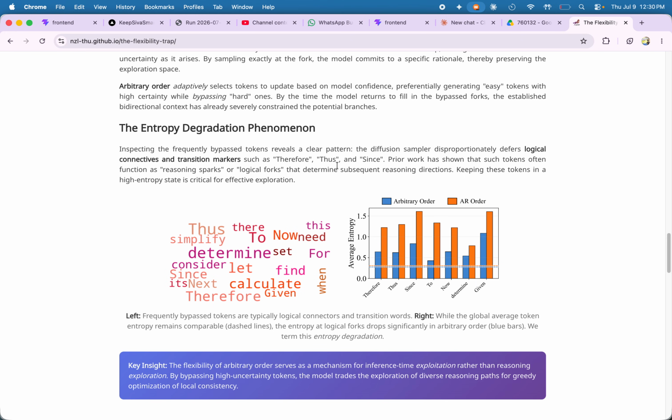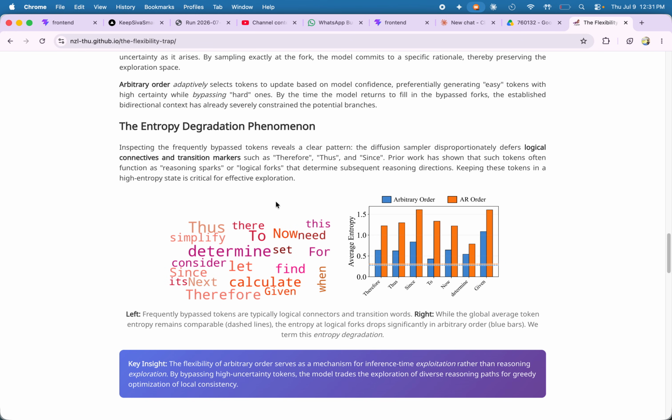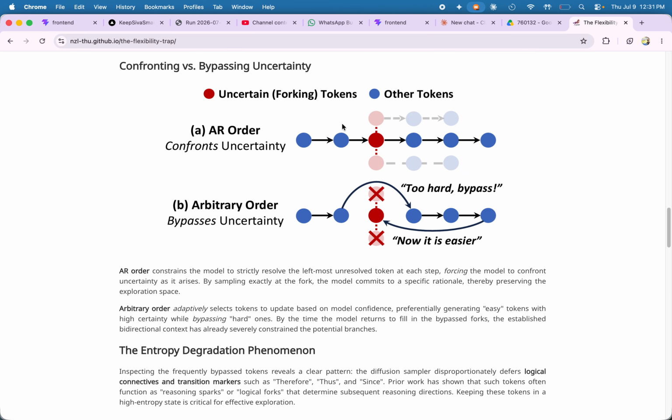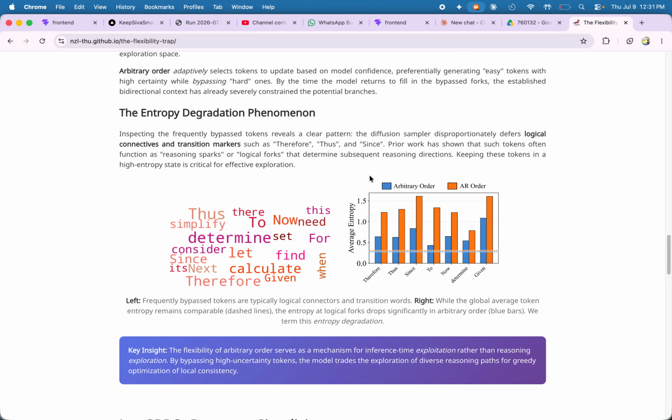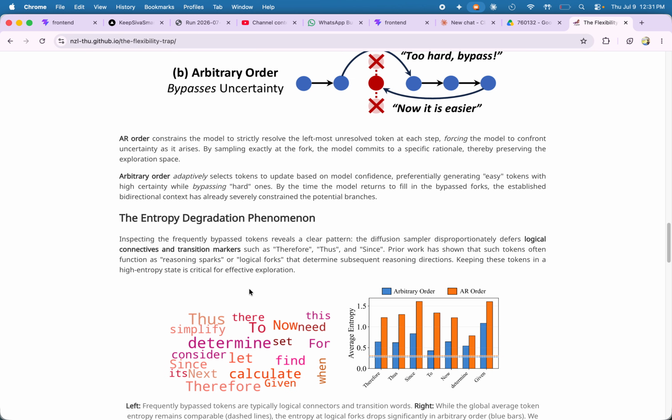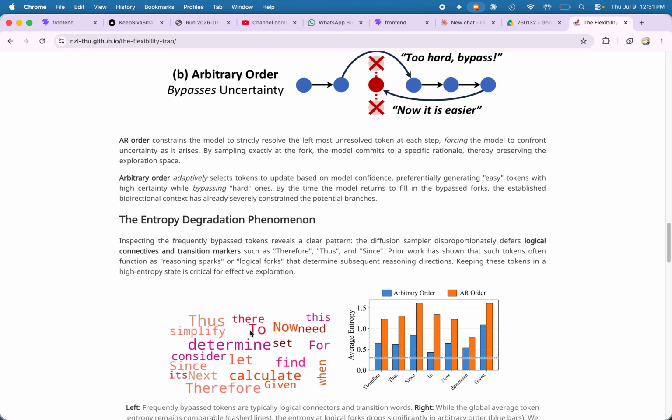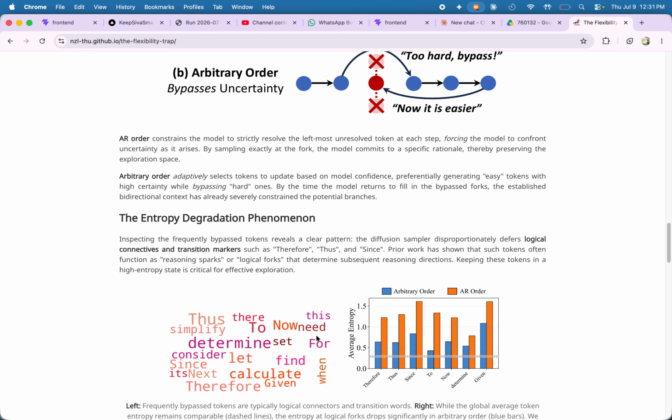Here we also see what the words are. Basically, we try to figure out these red words, right? What are they in practice? What are the words that come out as these structured words for which the arbitrary order is not performing well? Most of the time these are connector or transition words, but they hold a big meaning if they change.